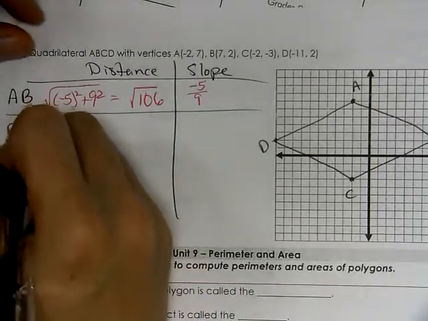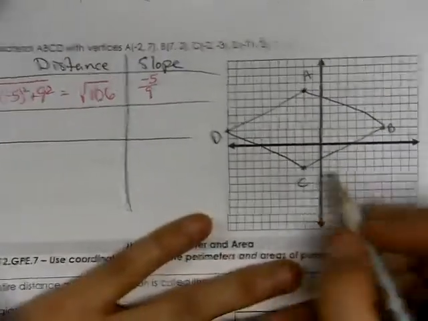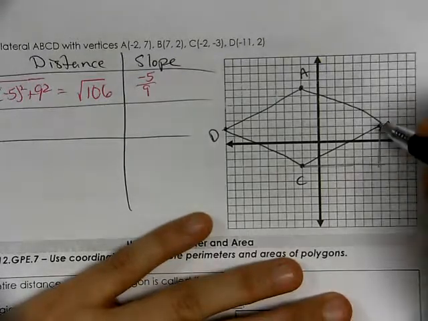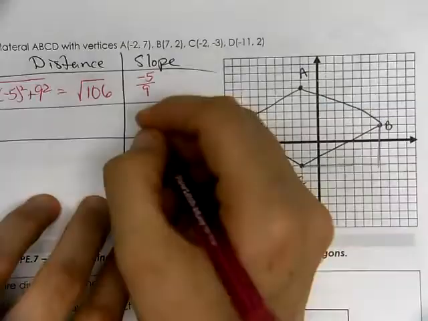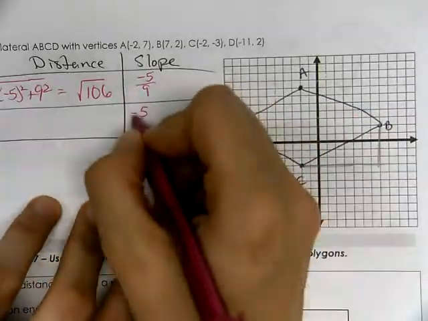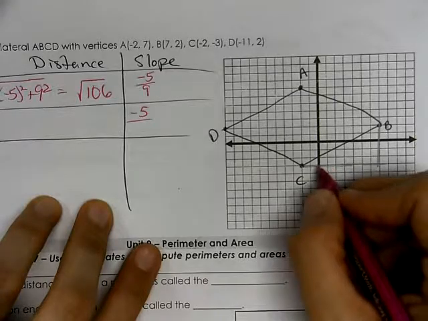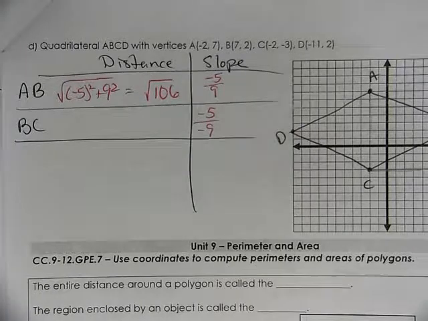B to C. I'm going to go down. Again, I can make a little triangle. I go down 1, 2, 3, 4, 5. That's negative. Left 1, 2, 3, 4, 5, 6, 7, 8, 9. Negative. What's a negative become?